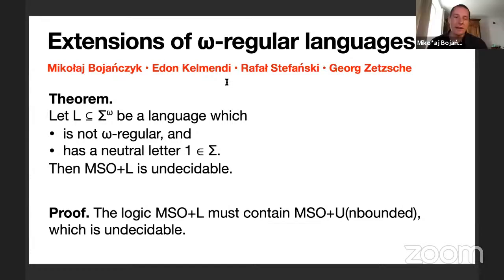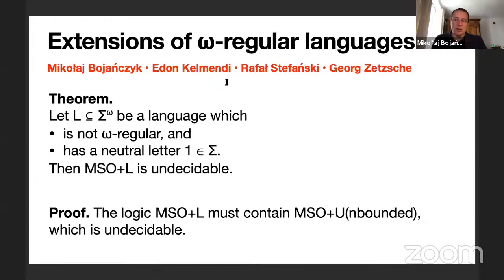An inspiration for this work was a previous theorem proved by Dietrich Kuske and Markus Lohrey, from what I remember. There it was not phrased using neutral letters, but as full trios. Our inspirational theorem said that if you take a class of languages which is closed under images of rational transductions and Boolean combinations, then that class is either the regular languages or it is undecidable.